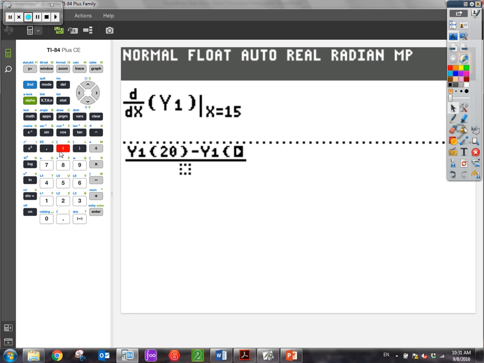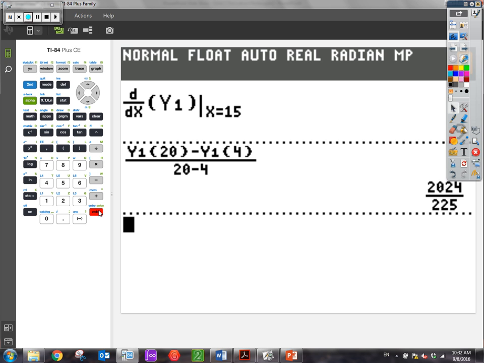Open parenthesis, 4, close parenthesis, and in the denominator we're going to type in 20 minus 4. I really suggest that you type that in and let your calculator do it instead of doing that in your head and accidentally writing down like 18 or something. So we have that written in, we hit enter, and it's in fraction form.